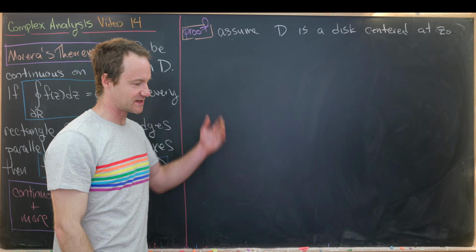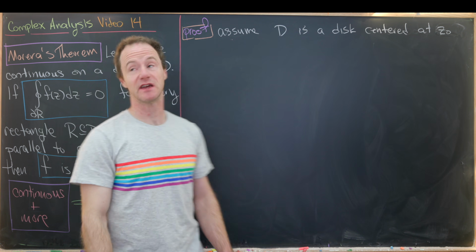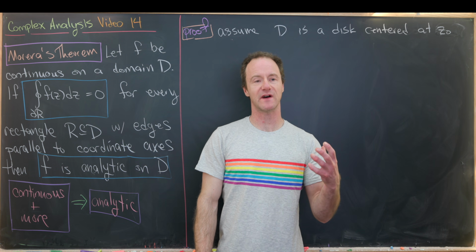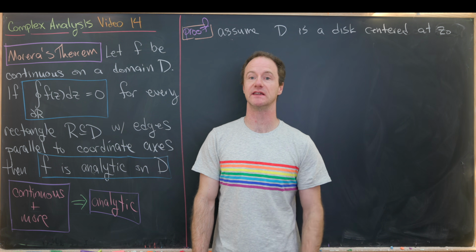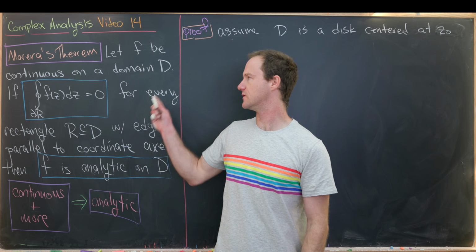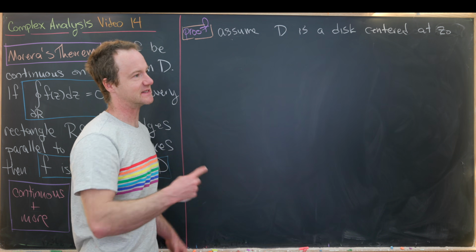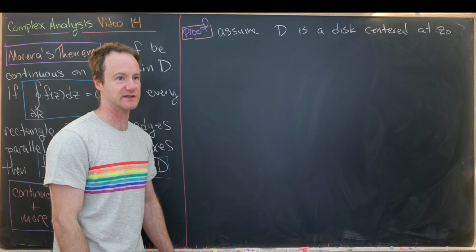Why this isn't as big of an assumption as it might seem is because since D is a domain, we can always find a disk centered at every point of that domain that's totally contained in the domain. Recall that a domain means that it's an open set, and the condition of getting a disk inside of that open set is the definition of it being an open set.